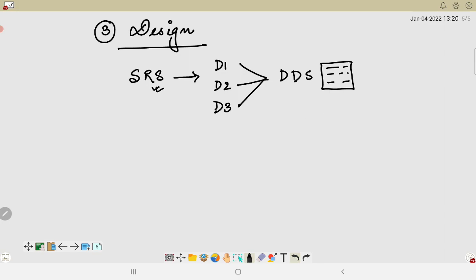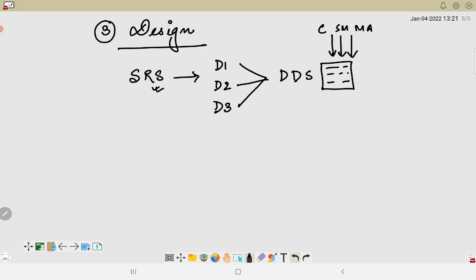Now this DDS is again reviewed by all the important stakeholders, and based on various parameters like risk assessment, robustness, modularity of the design, budget, which is a primary factor, and time constraints, the best design is chosen. This will again be reviewed by the different customers, senior members, as well as market analysts.